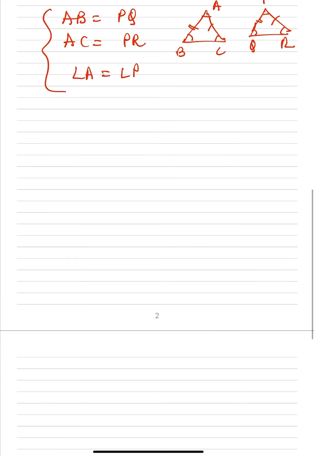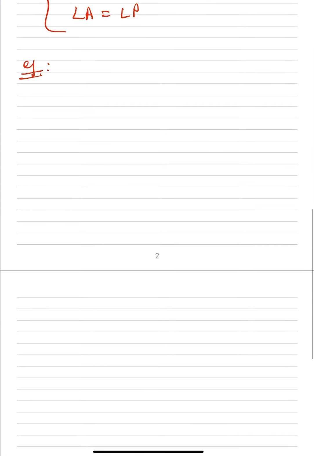Now in this angle side angle congruency, we will take one example first. Here we will say that in triangle ABC, AD bisects angle BAC and AD is perpendicular to BC.